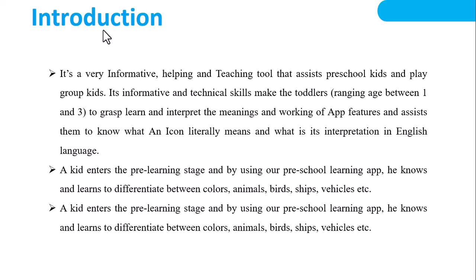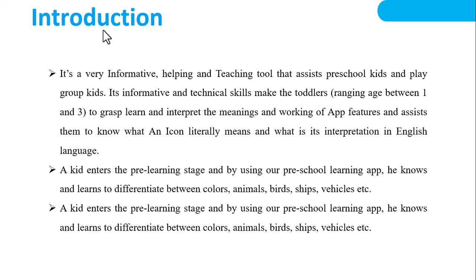How a child can differentiate between objects and understand the purpose and meaning of the object by seeing their colors and sizes, and clicking the icons to listen to the exact pronunciation and sound of their names, which are investigated in kindergarten and are upheld by the preschool learning mobile application.